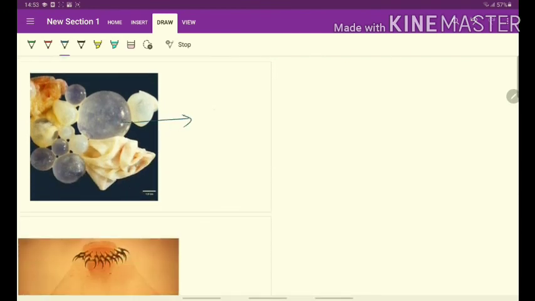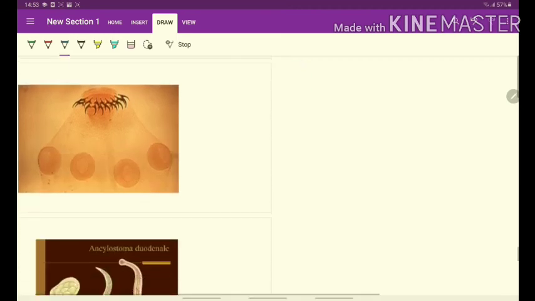This is also a picture of hydatid cyst disease. Hydatid cyst seen inside the body. This image shows the scolex, that is the head of Taenia solium.